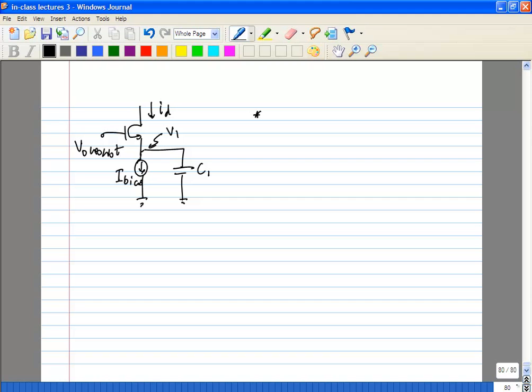We are going to assume V0 is large, as I mentioned. We are going to assume omega naught is large, and in a minute you will see why we are assuming these things. And C1 is some very low impedance at omega naught.